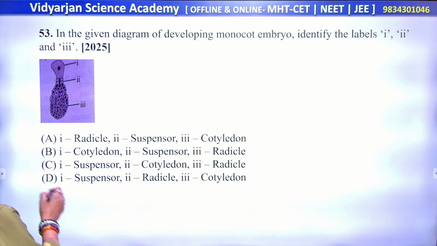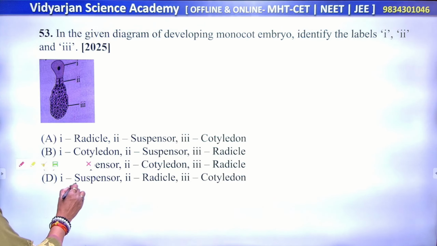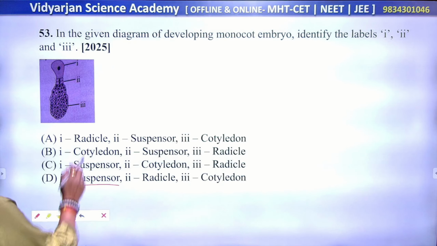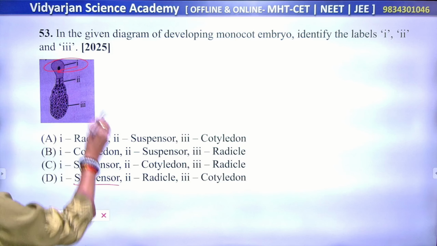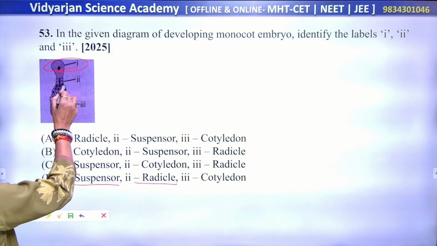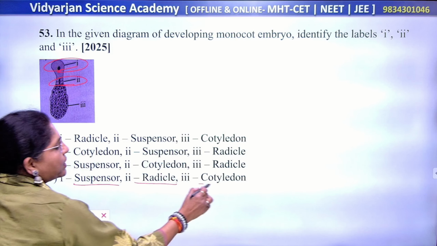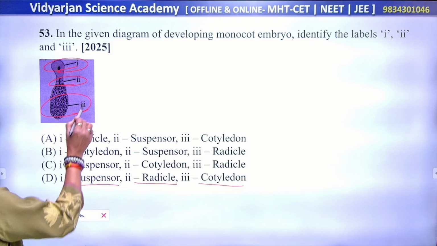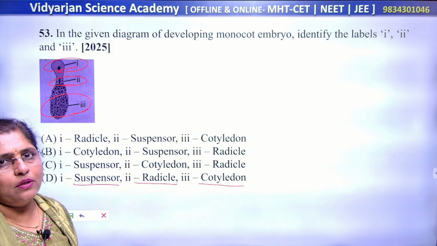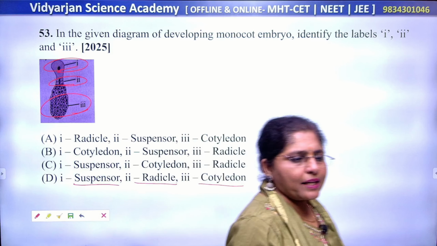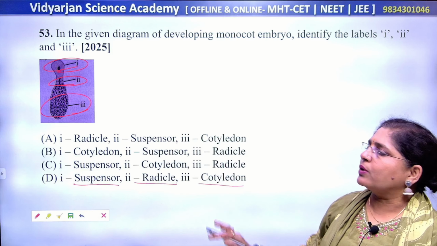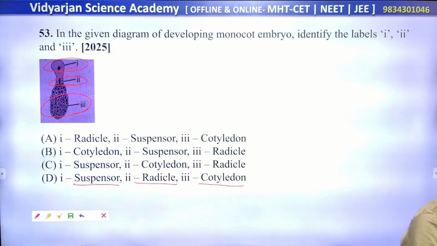So for 53, the correct answer is D. Number 1 is the suspensor. Number 2 is the radicle. And number 3, this part will be the cotyledon. Observe the diagram carefully and please note down all the changes over here.